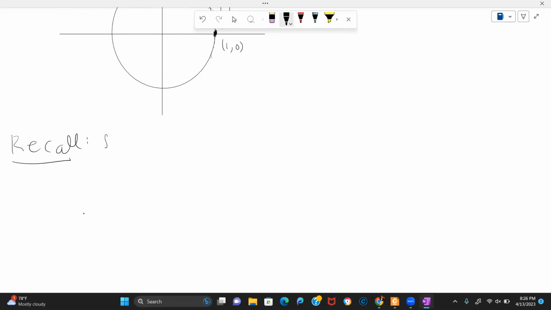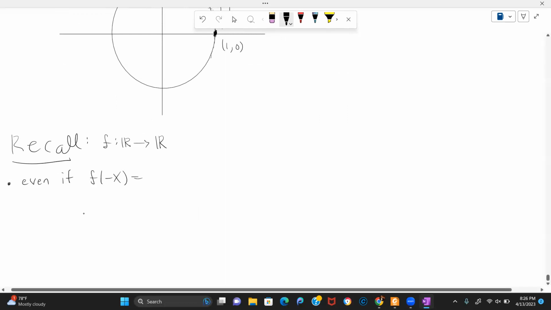If I give you a function from R to R, it's even if f of negative t is equal to f of t, because we're working with the variable t. In other words, the function absorbs the negative sign; it can't tell the difference between positive and negative numbers.